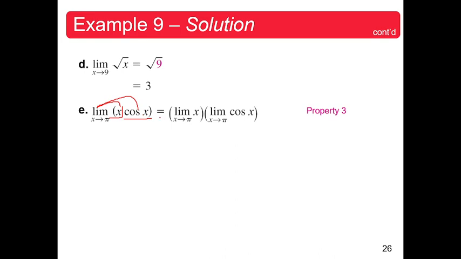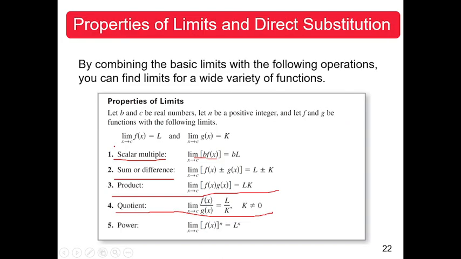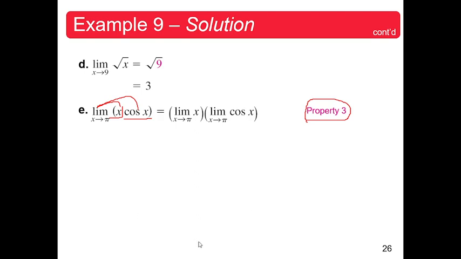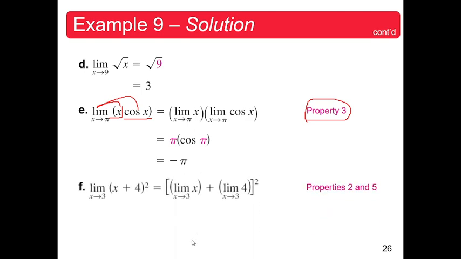I'm just showing some trigonometry, but most especially we're going to deal with the basic numbers, not the trigonometry. And this could be found with property number 3, and what's our property number 3? That is product, right? Okay.